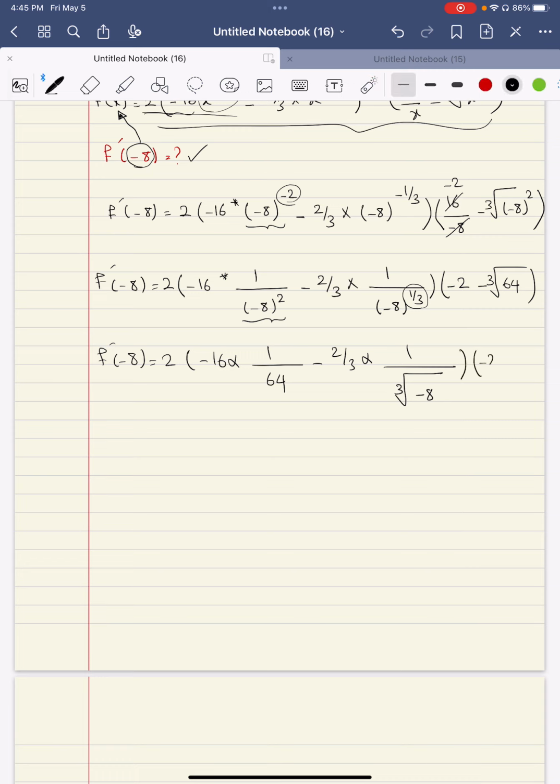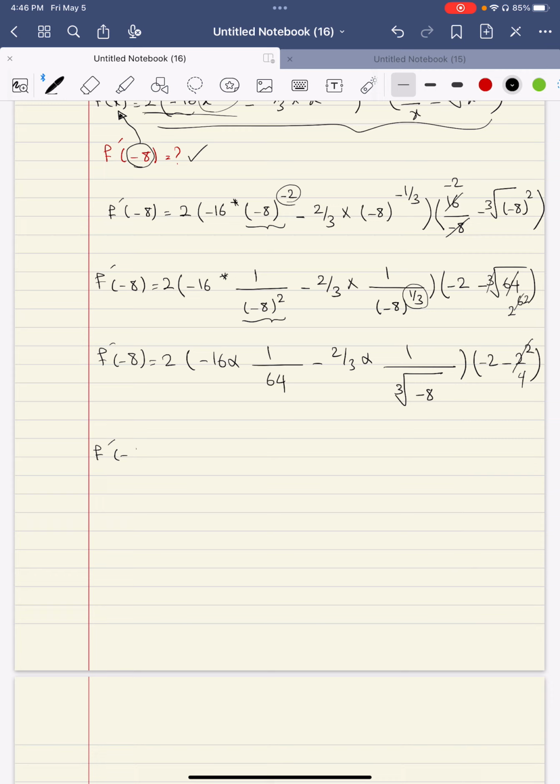Then times negative 2 minus the cube root of 64. 64 is 2 to the power of 6. So the cube root and the 6 would cancel out and a 2 would remain. So it would be minus 2 to the power of 2. Correct? And 2 to the power of 2 is 4.